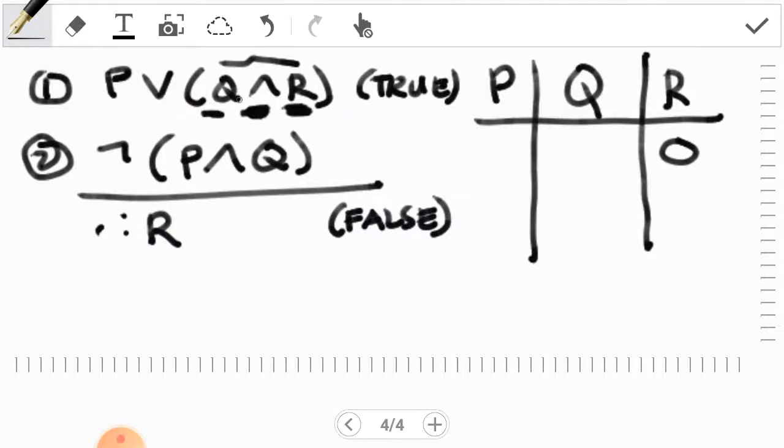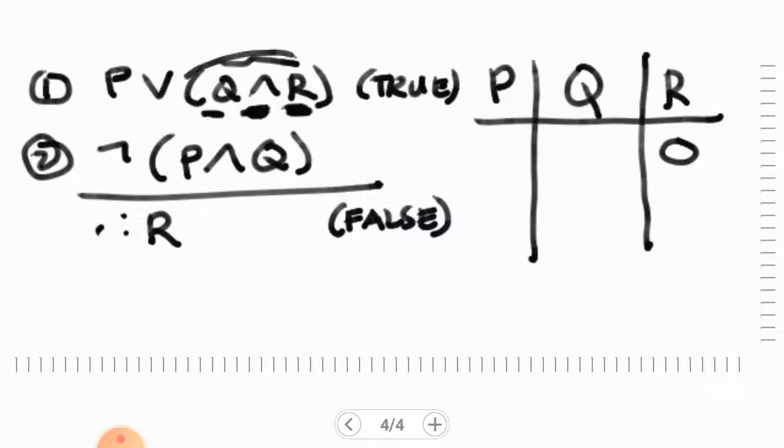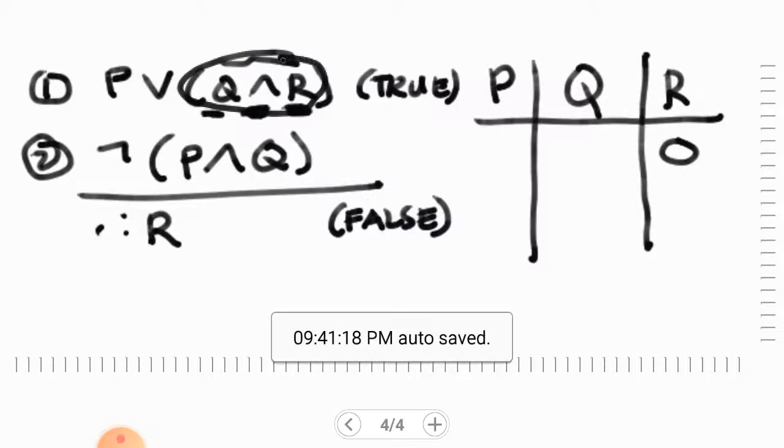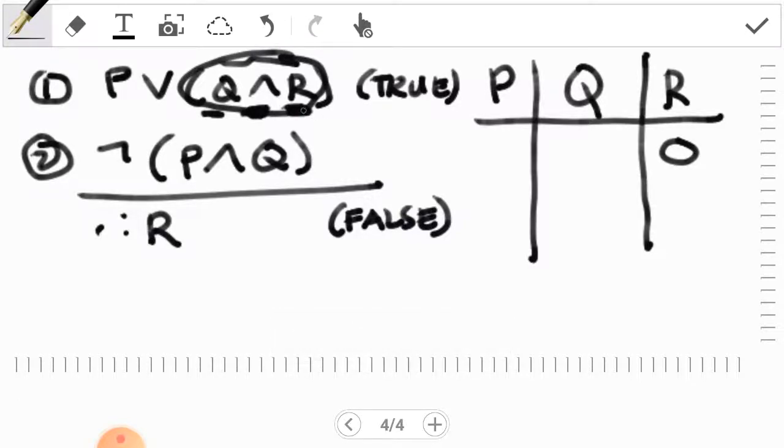Now, if this entire thing here is false because R is false, then for the first premise to be true, P must be true. Why? This is a disjunction OR.